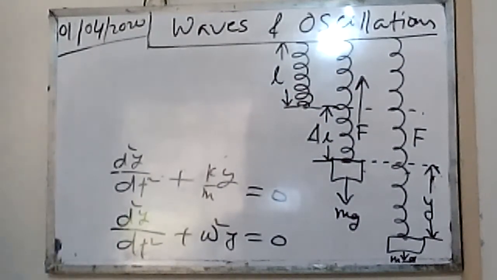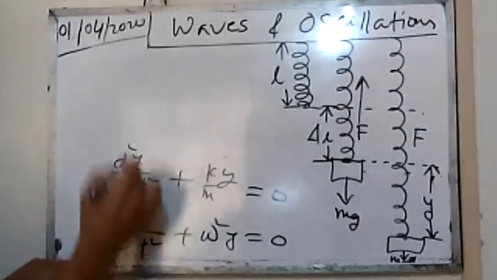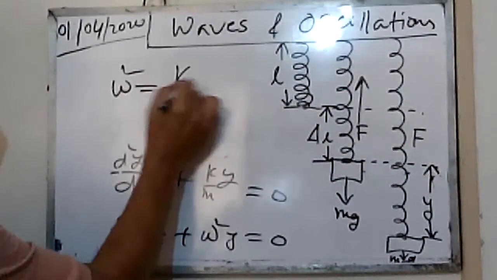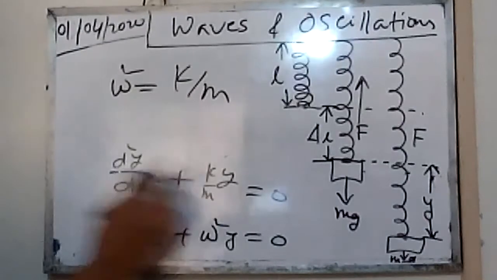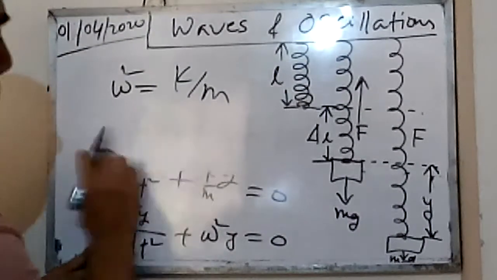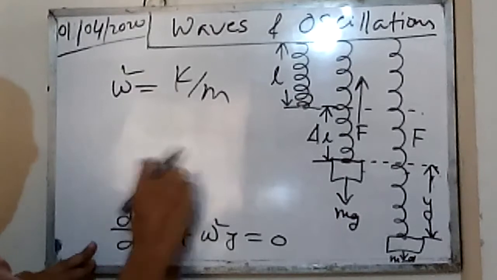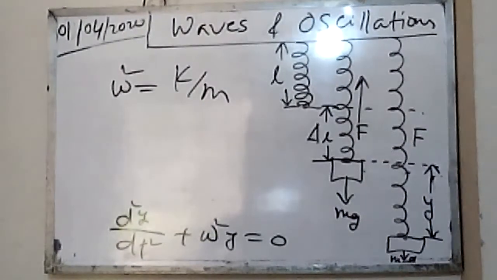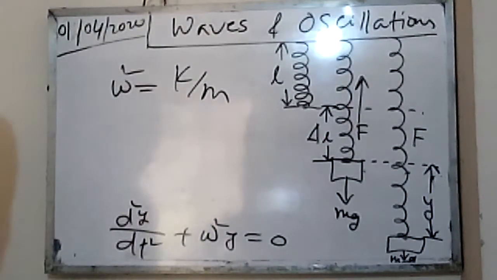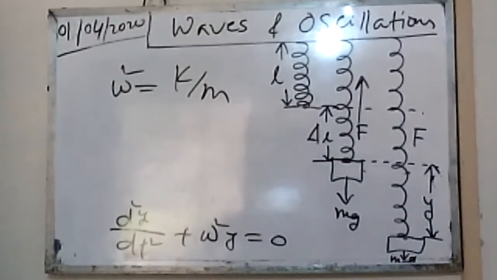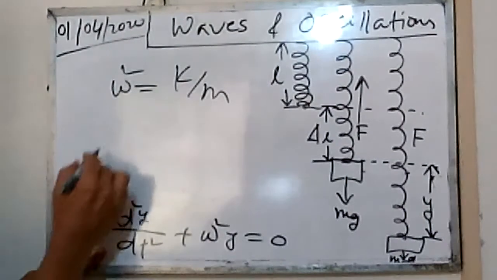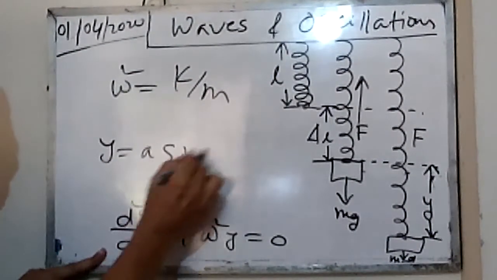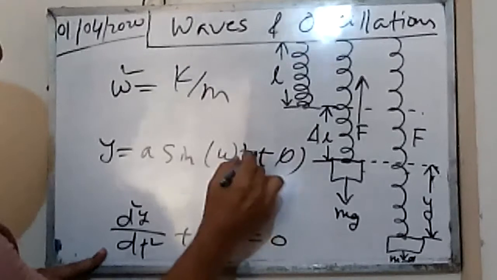From this equation we can write omega square equal to k by m. I am just recalling that when we derived the differential equation of simple harmonic motion, we considered y equal to A sin(omega t plus phi).